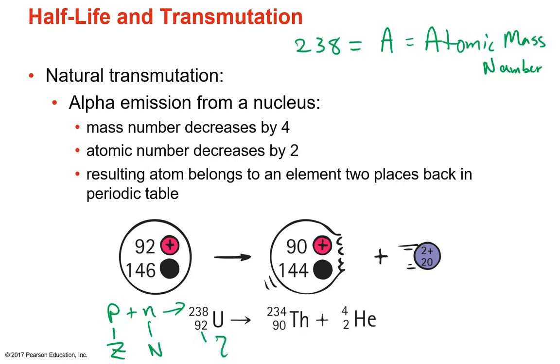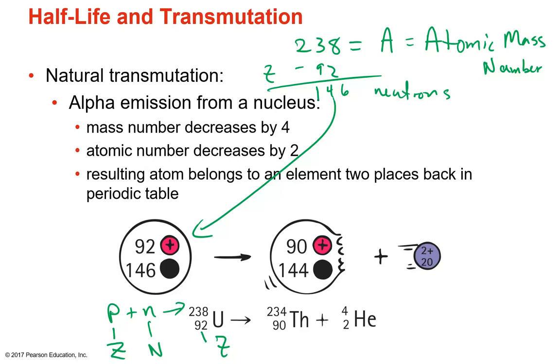This number down here is the number of protons. It's the atomic number. So you can determine the neutron number. We went through this in class yesterday just by saying, well, since the atomic mass is Z plus N, then N must be A minus Z. And so I can take this and say, okay, 238 minus 92 gives me 146 neutrons, which I shouldn't have wasted my time doing the math because it was written right there.